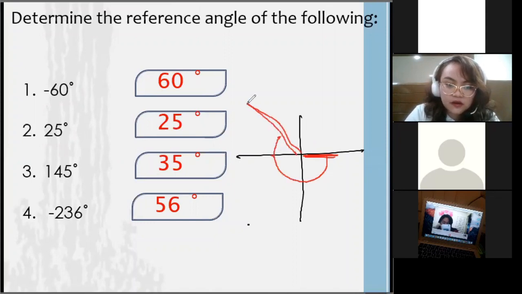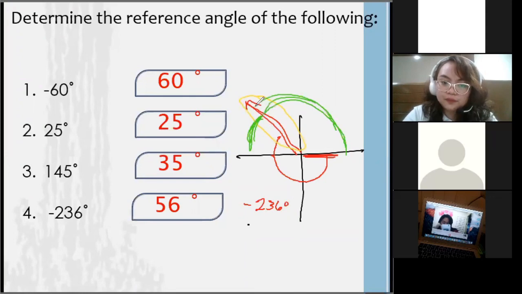So this is now negative 236 degrees. Now, look at your terminal side. Where is it closer to? Angle on the left or angle on the right? Of course, angle on the left. This is the angle on the left, since it is closer.